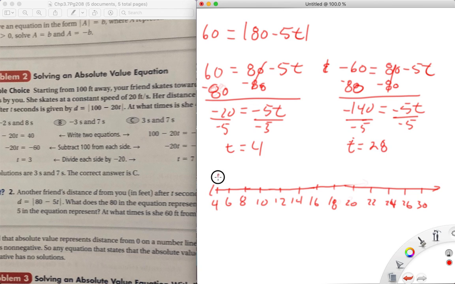So we have t equals 4 over here, and t equals, I don't know why I wrote 30, 28 over here. 16 in the center, so I go 12 to the right, and I minus 12 to the left, so that makes sense. Okay.